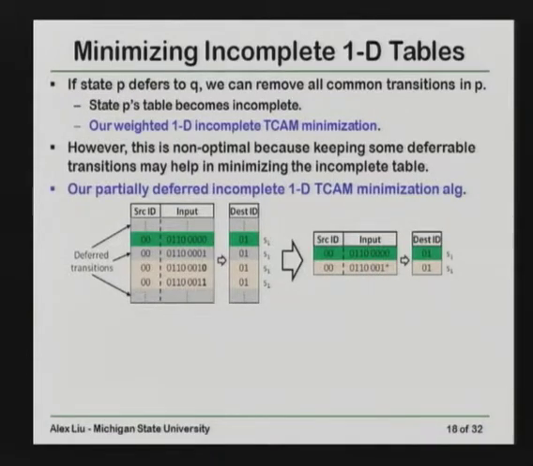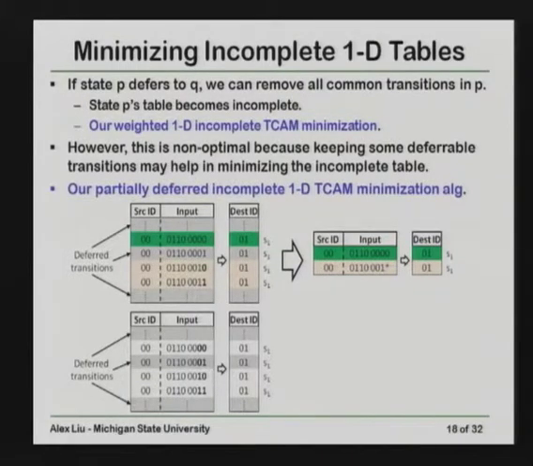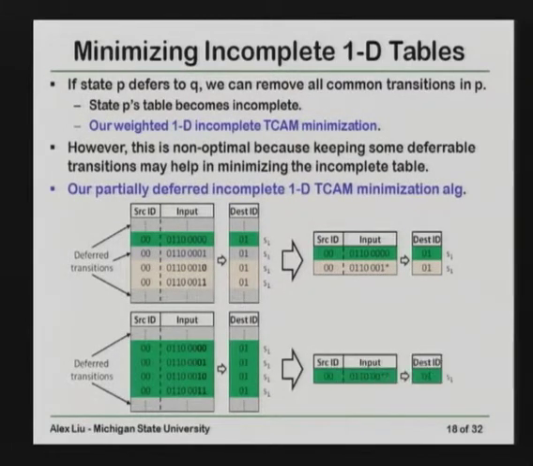One is this green one, and the other is these 2 entries combined by replacing the last bit by a star. But if we keep the deferred transition in the middle instead of deleting it, you can see that we can combine them all into 1 entry. This will be 0110 00**. So keeping some of them not deferred may help, and we have an optimal algorithm for achieving this using dynamic programming. I will skip the details for that.